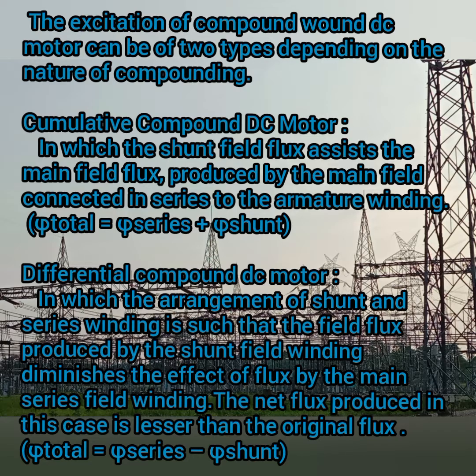The differential compound, in the sense, the arrangement of your shunt and the series winding is in such a way that the field flux produced by the shunt winding diminishes the effect of the main series field winding flux. So here the net flux produced in this case is lesser than the original flux, which means your total flux is equal to series flux minus the shunt flux.